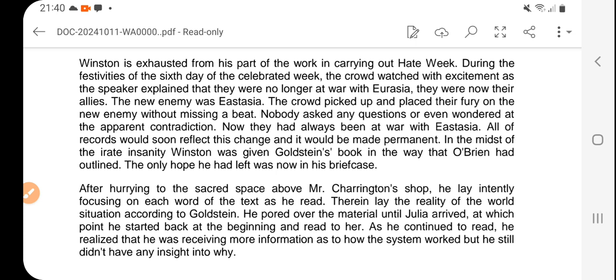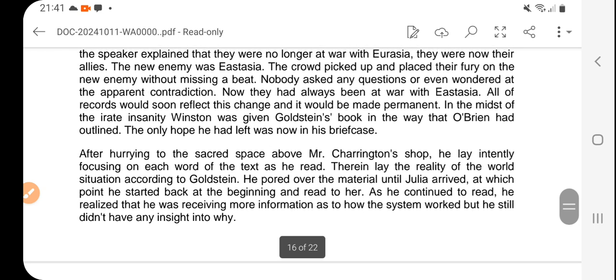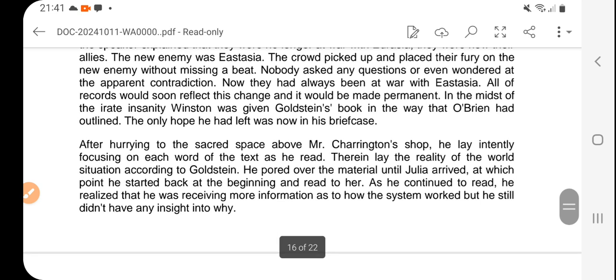Winston is getting frustrated because Hate Week is being celebrated, and then the speaker explained that there is no war with Eurasia, and they are allies now. So the new enemy was East Asia.